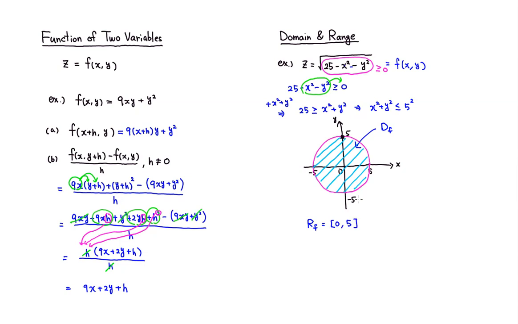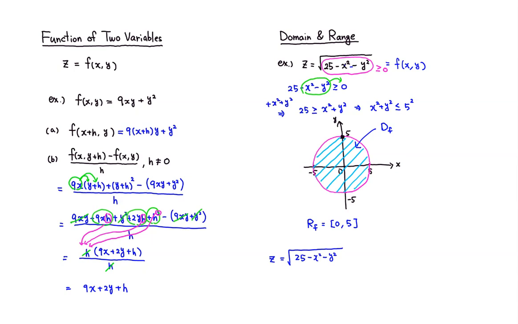If you want to sketch this, on GeoGebra we can actually do it. So let's do that too. If you look at the graph, we have to do a little bit of manipulation here. If you have 25 minus x squared minus y squared, I'm going to just go ahead and type it in and see if it graphs it.